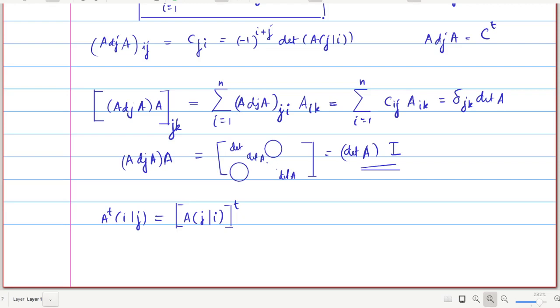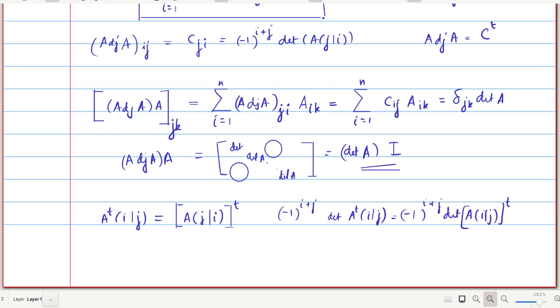That is because when you write minus 1 to the power i plus j, determinant of A transpose of i by j, this is the same as minus 1 to the power i plus j determinant of A of i by j transpose.